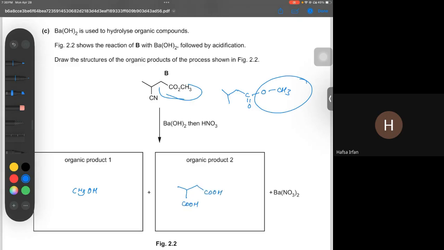Simple. Because this is a nitrile, cyanide, it would hydrolyze. It would be giving you carboxylic acid. Hydrolysis of nitrile is going to give you carboxylic acid. Okay.